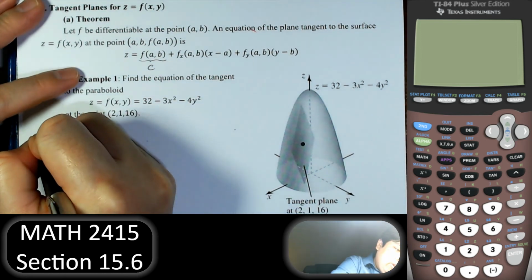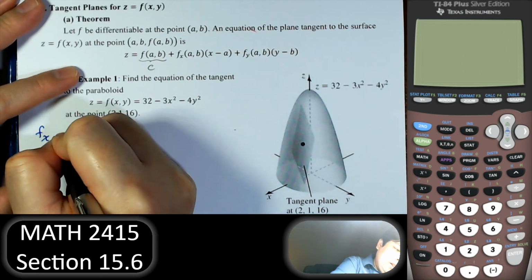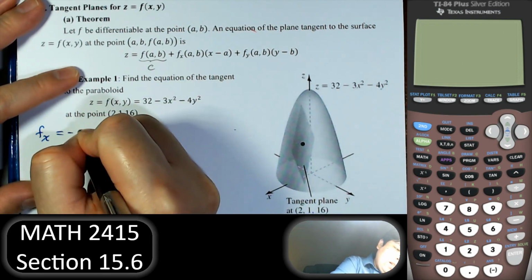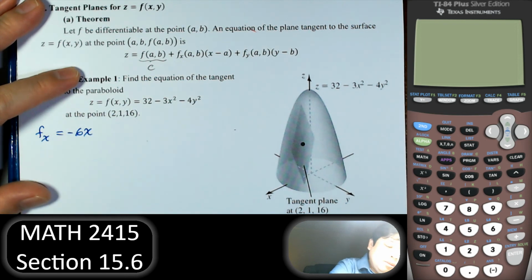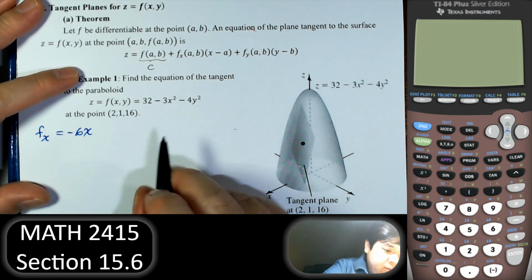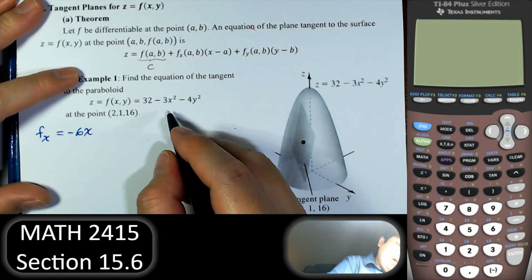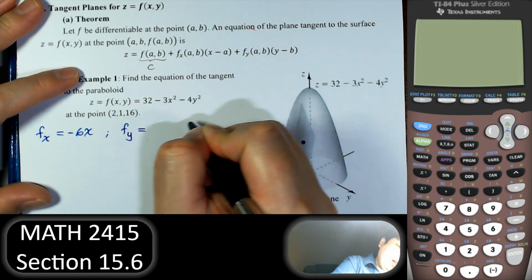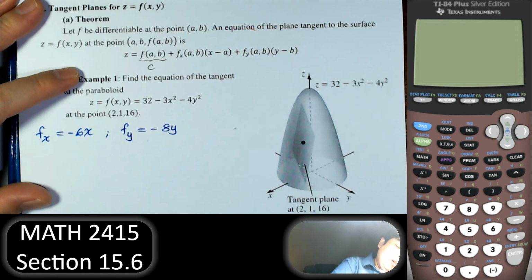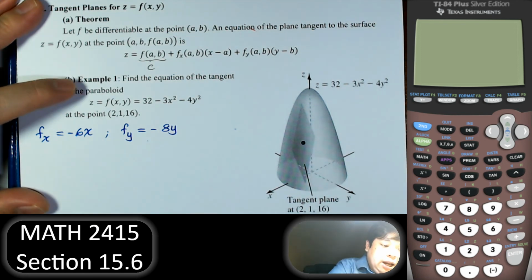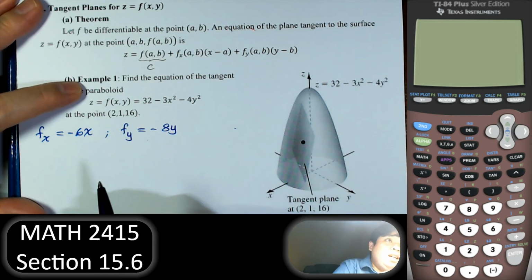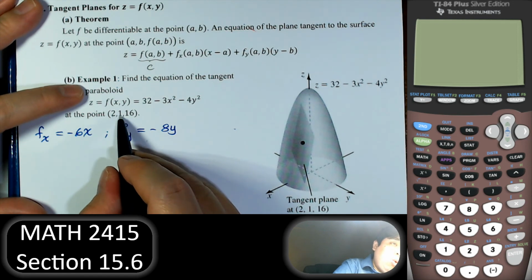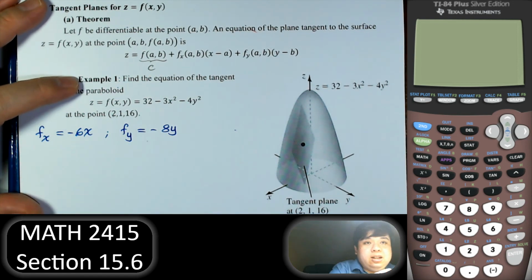So we take the derivative with respect to x. Negative 6x. And then we take the partial derivative with respect to y. Negative 8y. Next, at the point (2, 1, 16), meaning x is equal to 2, y equal to 1, and z equal to 16.